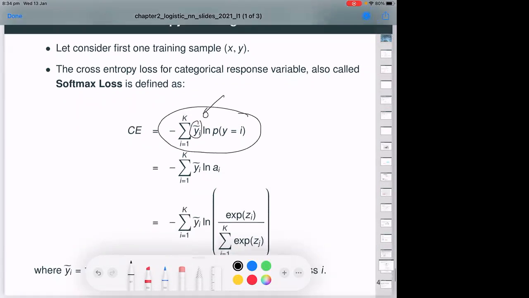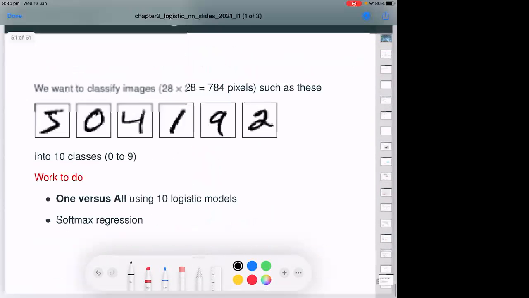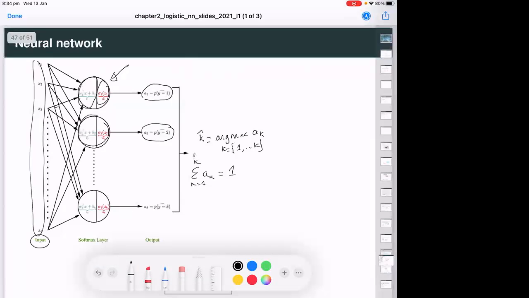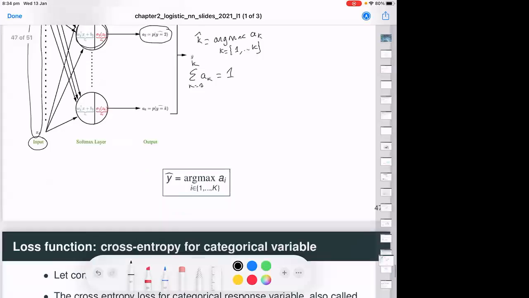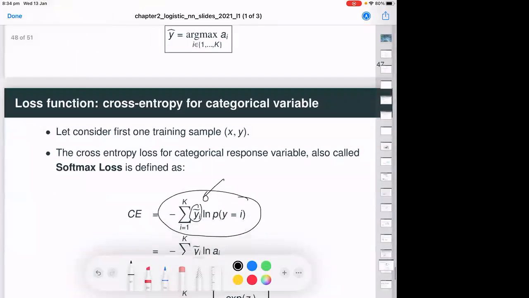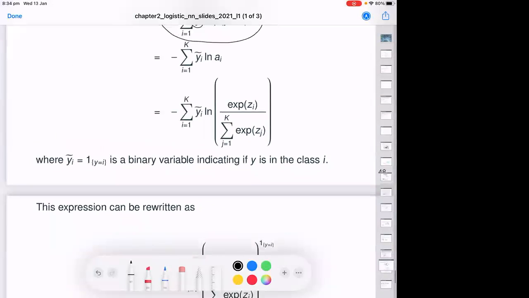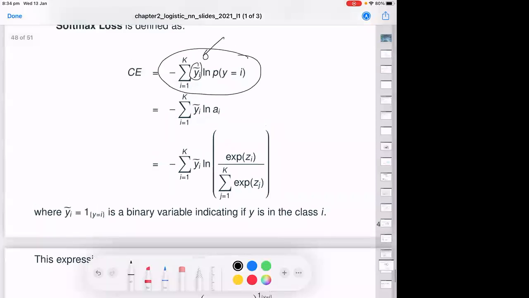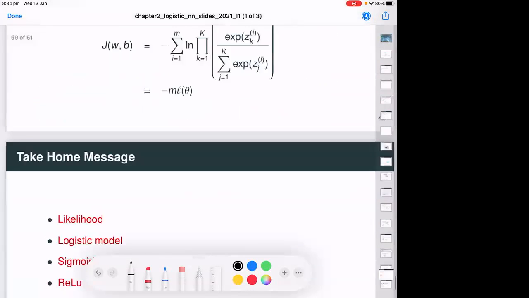This is a binary variable which indicates, for the cross entropy, 1 if it is in the class, yes, the definition there. So it's also a cross entropy, but for the categorical variable. That is for this part.